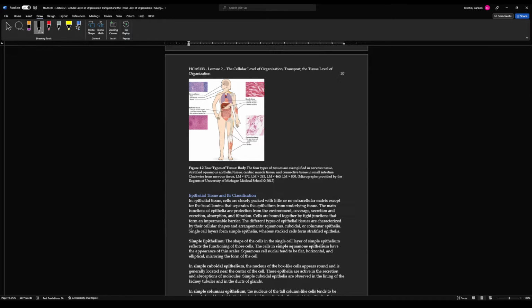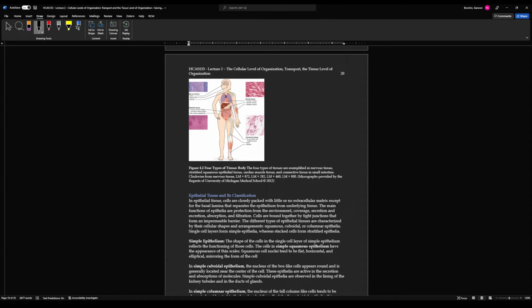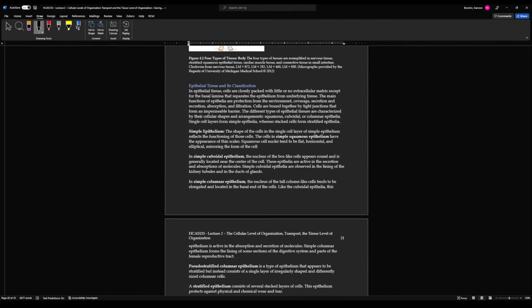Then epithelial tissue can be thought of as liners, right? Epithelium is the skin. It's what lines hollow organs, okay? So it's kind of the lining tissue. So epithelial tissue is often closely packed.